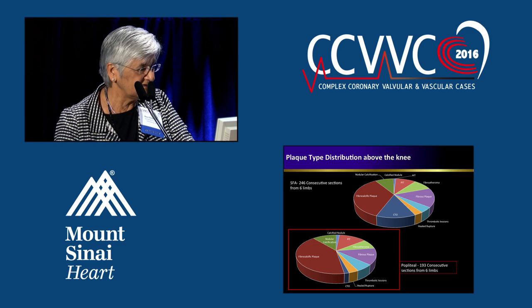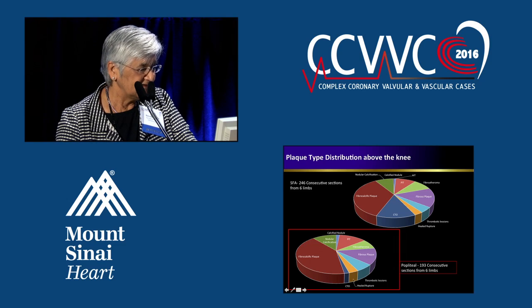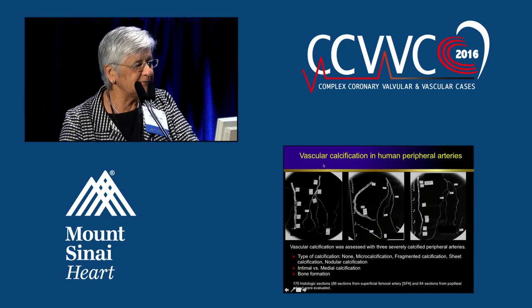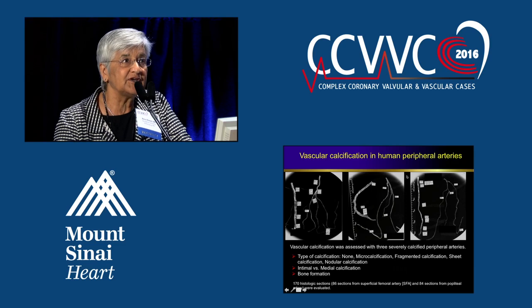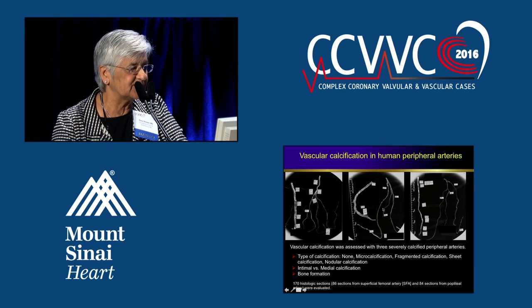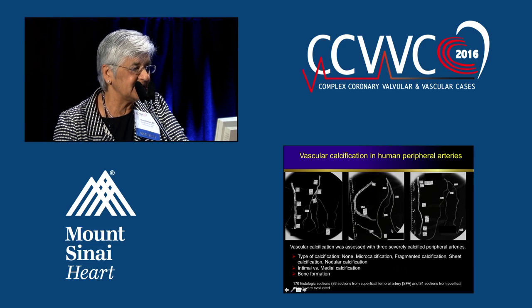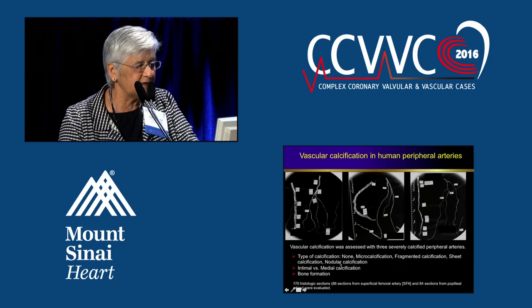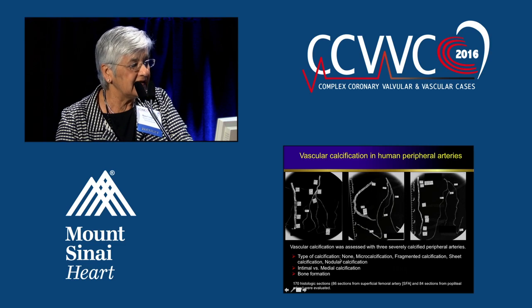Could we go further? So here what we did was we looked at vascular calcification in human peripheral arteries. You can see the peripheral arteries, femoral-popliteal here, showing the below the knee arteries here very clearly. We asked the question, what type of calcification is there in these segments?